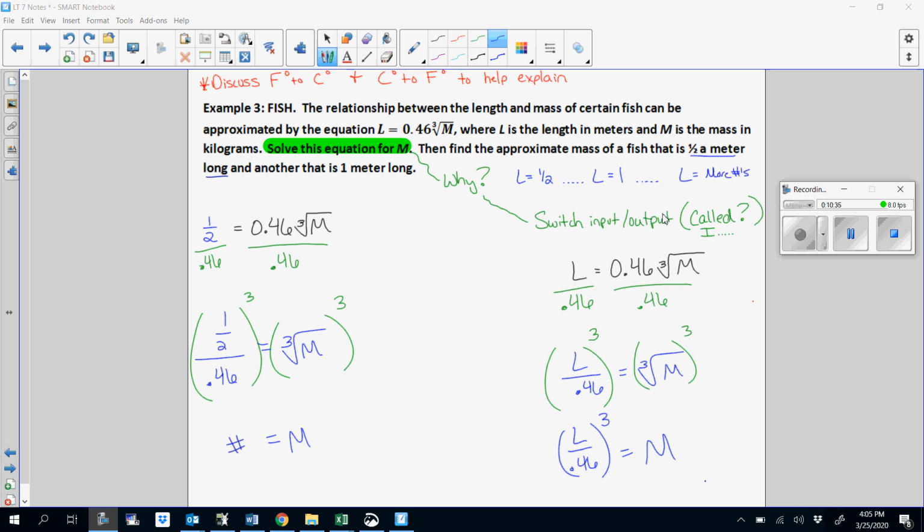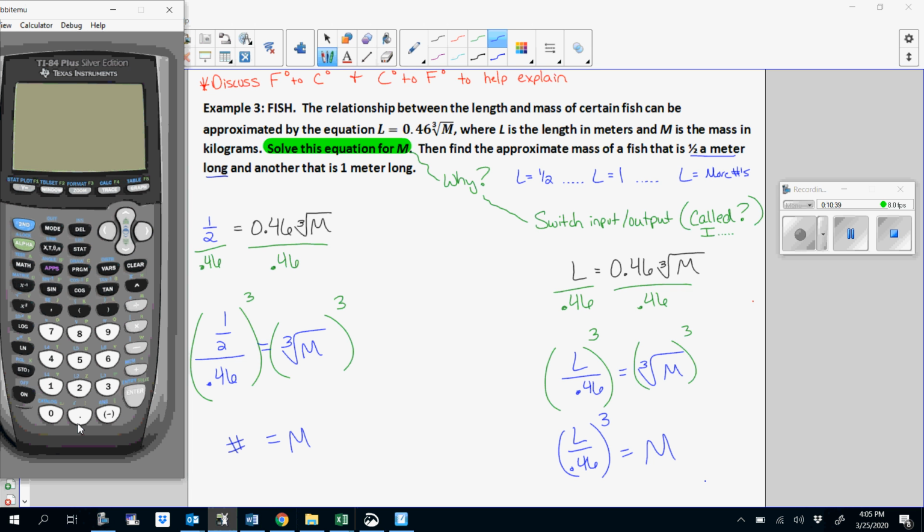Plug a half in. Take your half, 0.5, divide it by 0.46, hit enter, and then cube it. That's how much mass a half a meter fish has. 1 meter fish, divide it by 0.46, and then cube it.